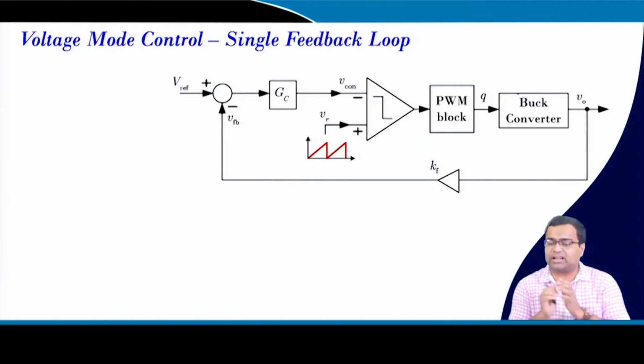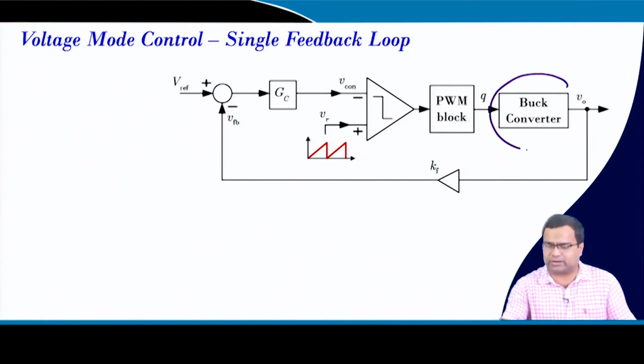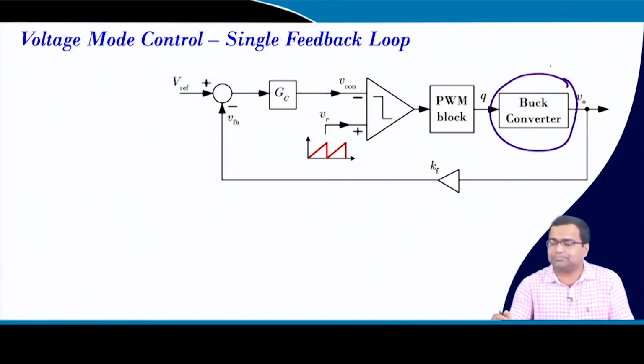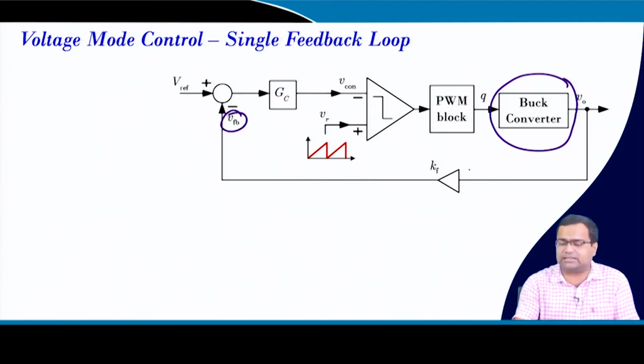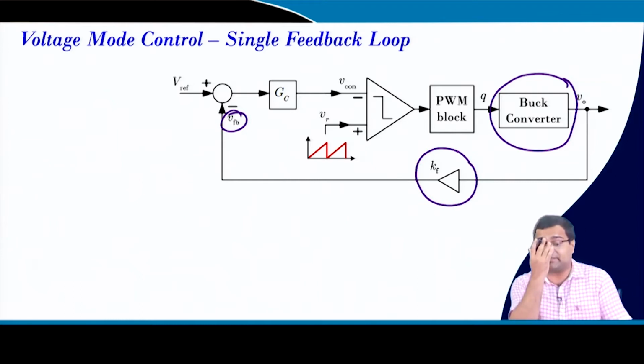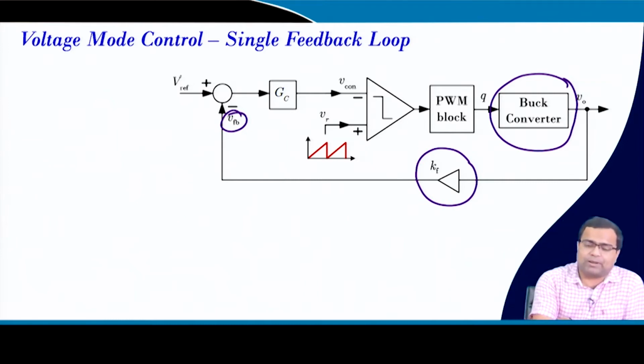You know that if you take any DC-DC converter, here it is a buck, but you can take a boost converter, a flyback converter, or a buck boost converter. If you take the output voltage, this is the feedback voltage, and generally this feedback gain comes from the resistive divider, which we have discussed. Then it is compared with the reference voltage.